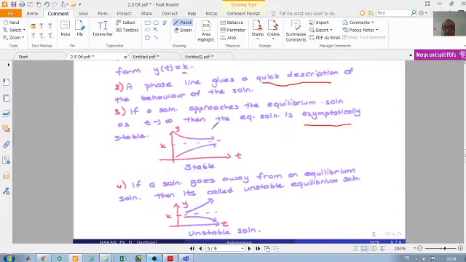Okay, graphically, on the upper side of the equilibrium solution, you see the behavior of the solution of the differential equation, namely the slopes are negative here, and here the slopes are positive. Therefore, the equilibrium solution is stable.